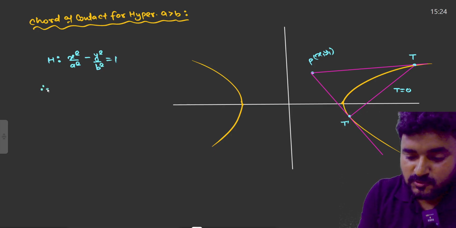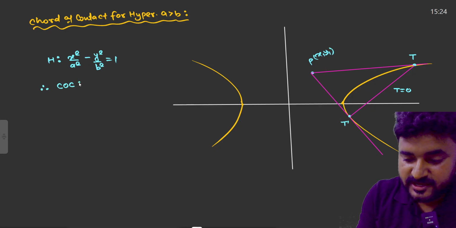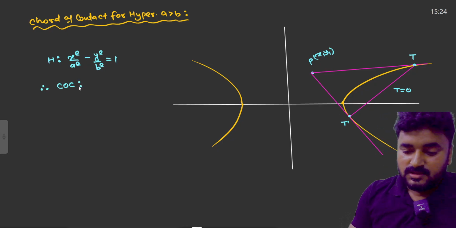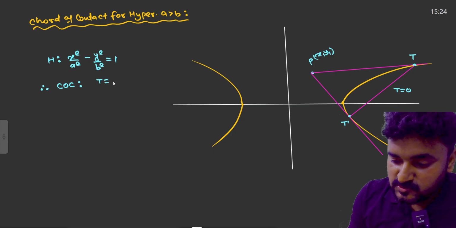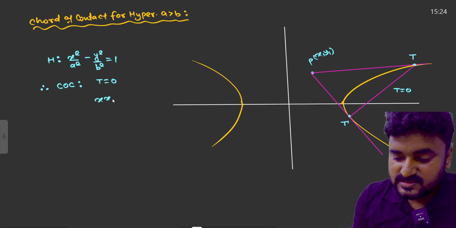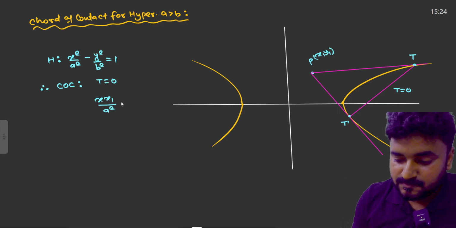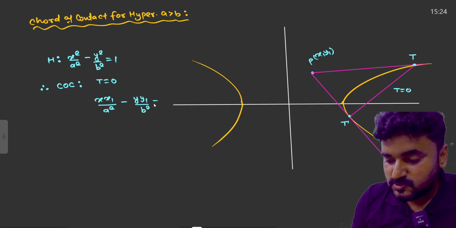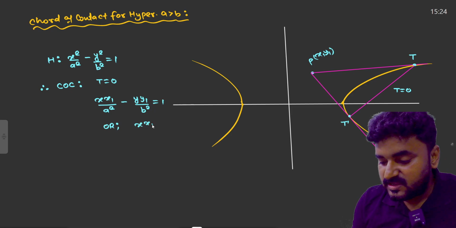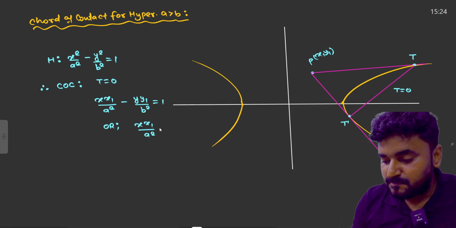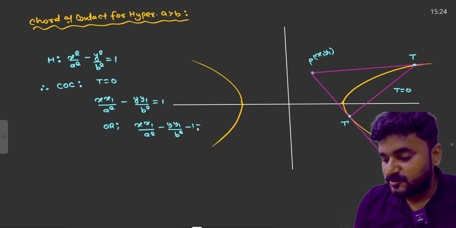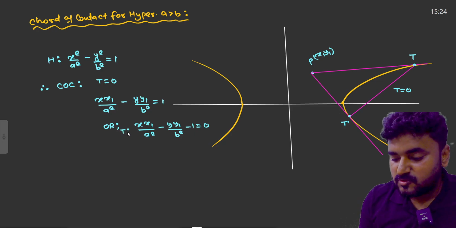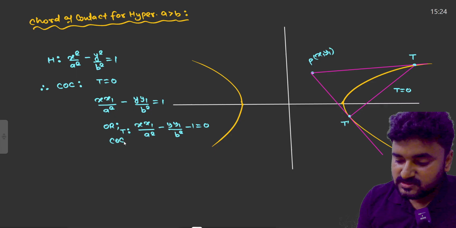And if you want to write the chord of contact, this is T equals 0: x x1 by a square minus y y1 by b square equals 1, or I will write x x1 by a square minus y y1 by b square minus 1 equals 0. This is your chord of contact.